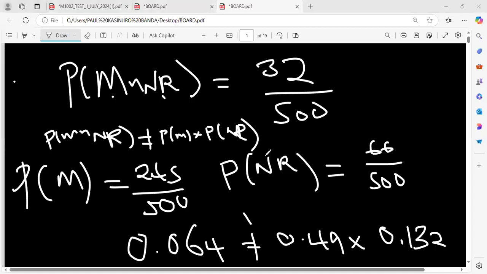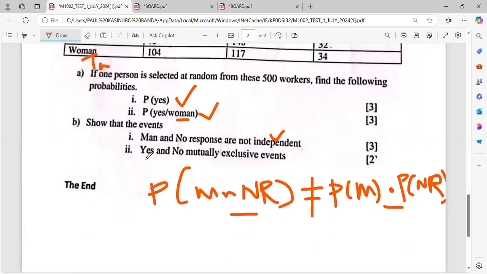Okay, so now let's check the last one. Here they're saying show that the events yes and no, the events A and B, are mutually exclusive. So are these events, the yes and the no, mutually exclusive?